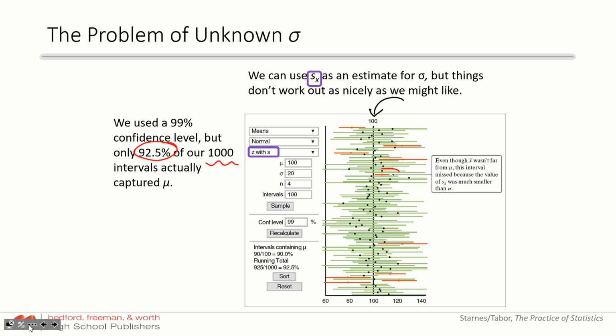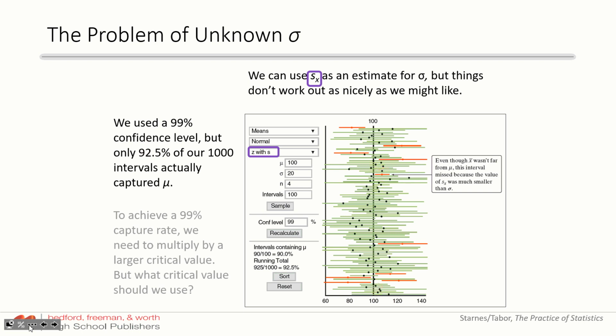For example, with this one my x bar was pretty close to mu, but my sample standard deviation was really, really small. Sometimes, like with this red interval, my x bar was way off because of sampling variability, just happened to be really low. So even though my interval was nice and wide, it didn't contain the population mean.